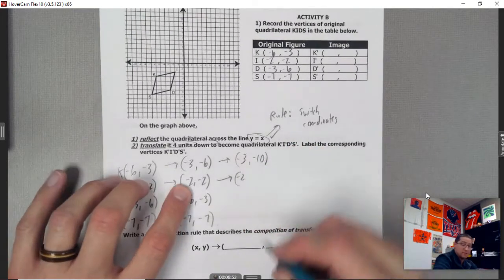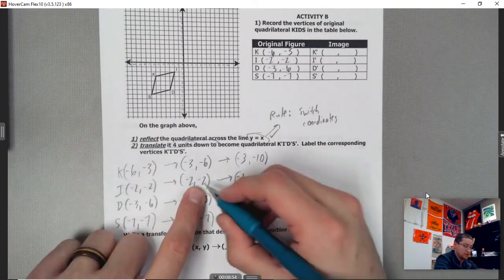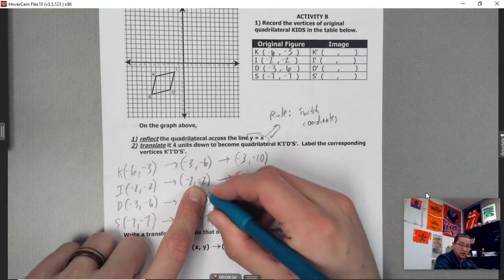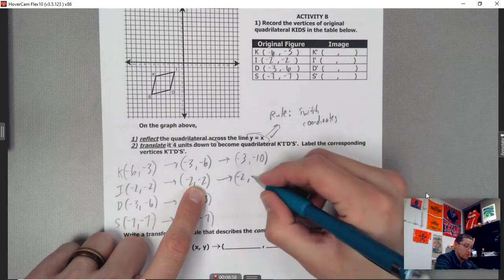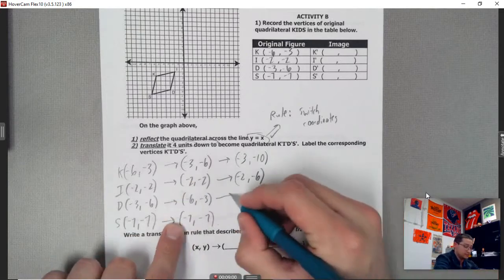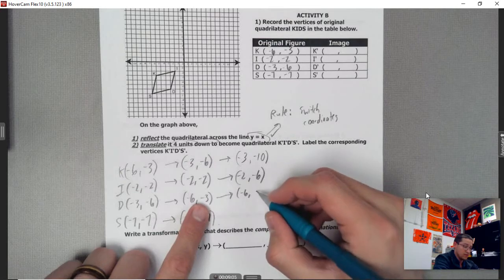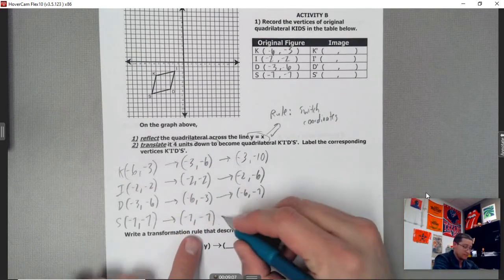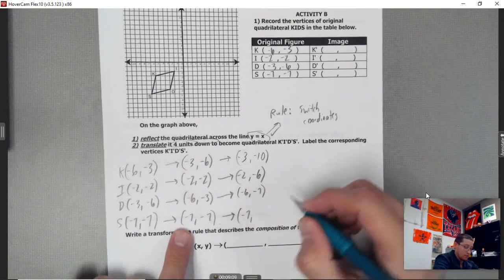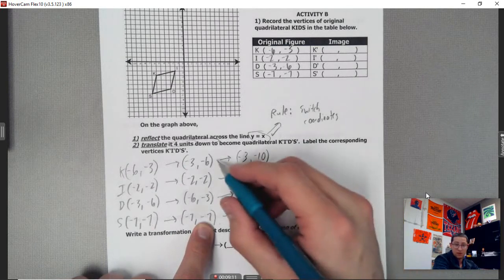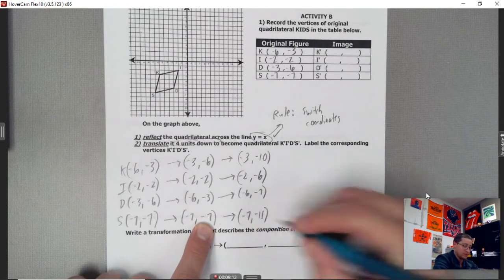Negative 2, we keep the x, but we change the y. We're going to subtract 4, so that's going to put me to negative 6. I'm going to subtract 4 from the negative 3, that's going to put me to negative 7. And then negative 7 minus 4, that's going to put me at negative 11.